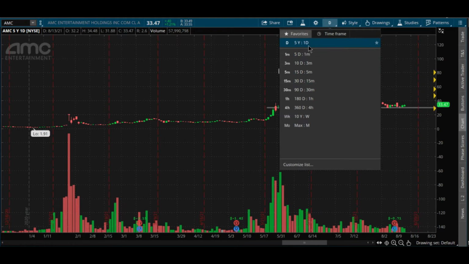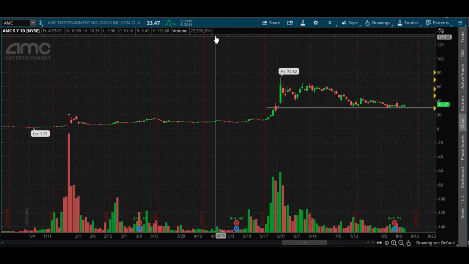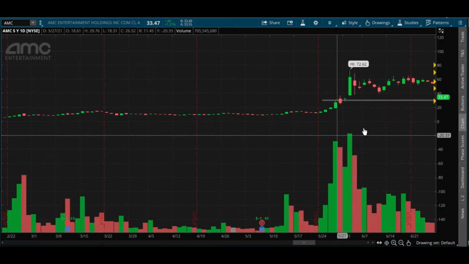So this chart has 5 years of data showing every single day, but there's only 5 trading days. Let's get into what the candles mean.